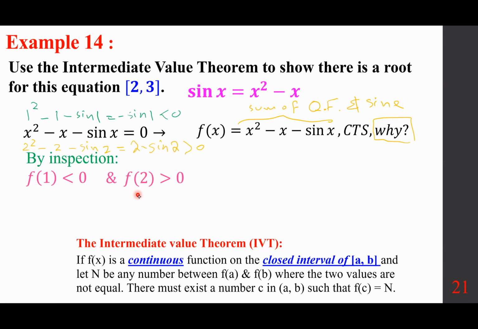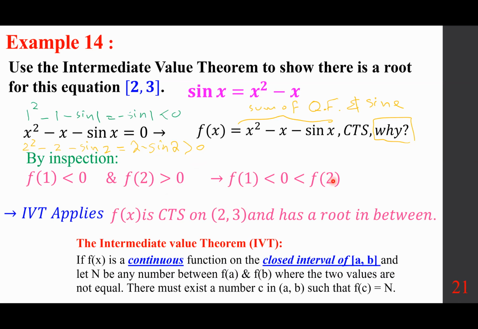So one of them is negative, one of them is positive, 0 is in between. So IVT, the intermediate value theorem, applies. f of x is continuous on the interval of 1 and 2, and has a root in between, because that's what it means.